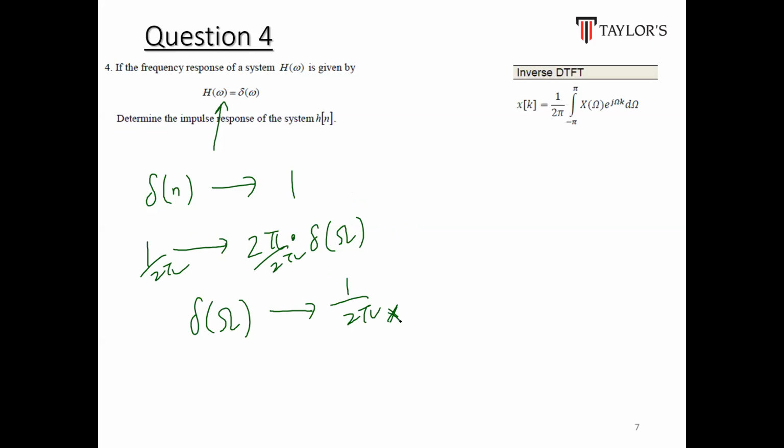Just want to ask, are the properties for discrete time and continuous time Fourier transform sharing the properties? Actually, all the transforms are the same. Later on, you learn about the Z transform and also the Laplace transform. They are all the same.